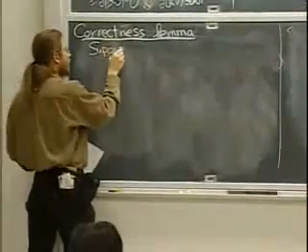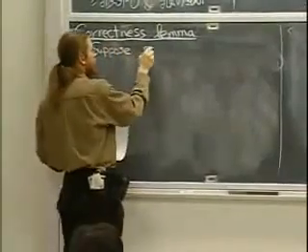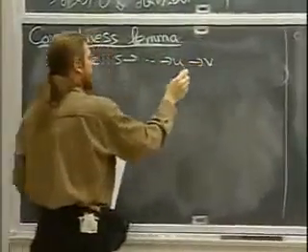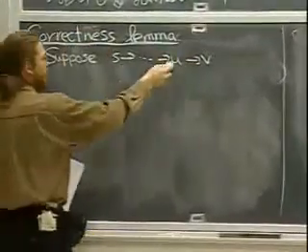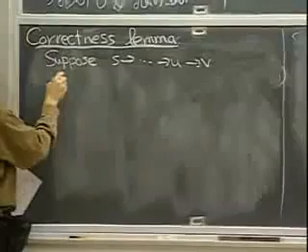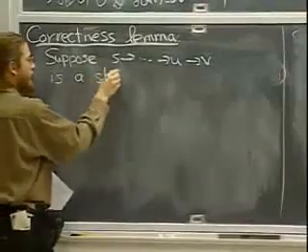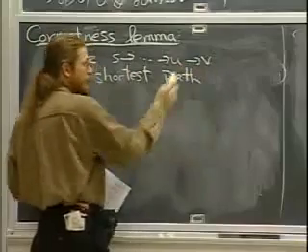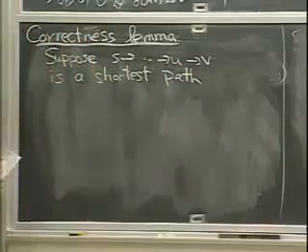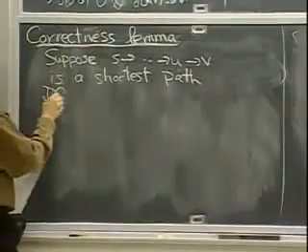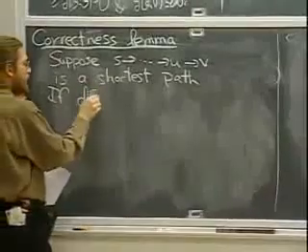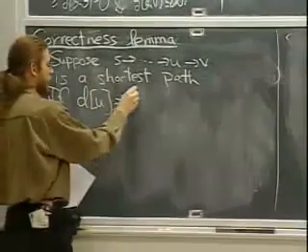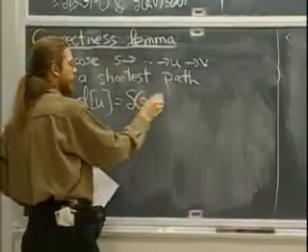So suppose you knew the shortest path from S to some vertex. Okay, so you go from S to some other vertices, then you go to U, then you go to V. Suppose that is a shortest path from S to V. Okay, and also suppose that we already know in d of U the shortest path weight from S to U. So suppose we have this equality.